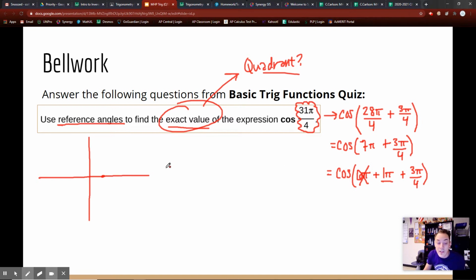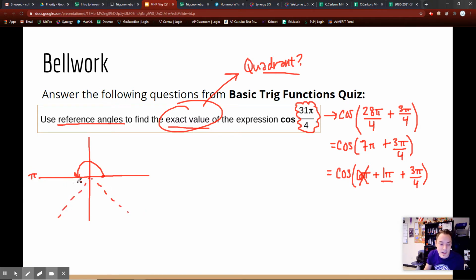Now, if I add another pi, which is that right there, but then add an additional 3 pi all over 4. That's three segments of quarters. So if I break this up, 3/4 of a whole. How about that?